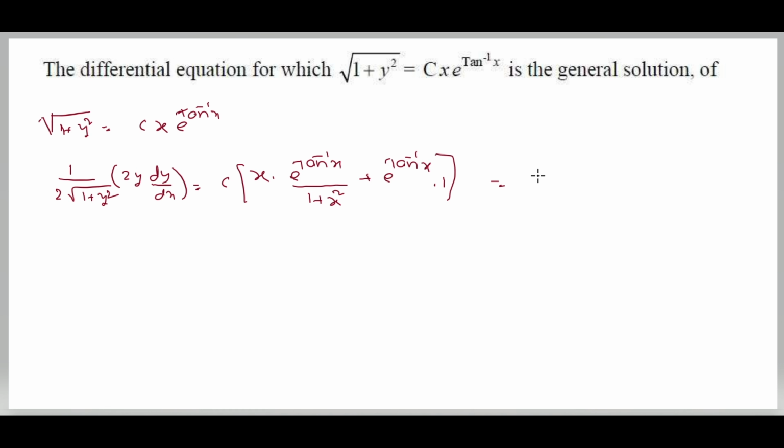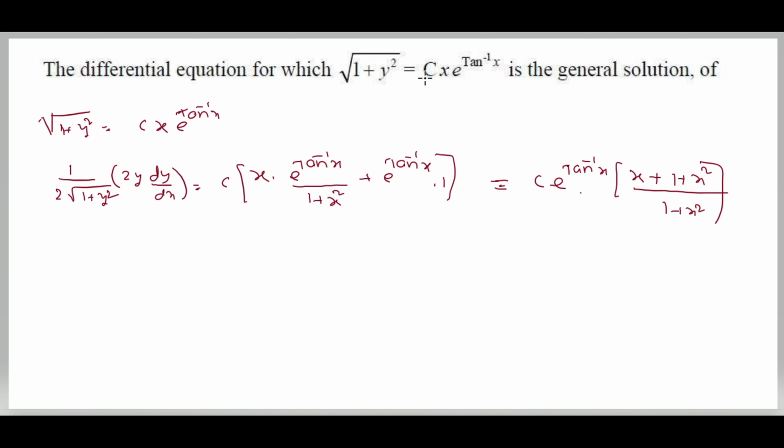So take e power tan inverse x common, c e to the power of tan inverse x, that is x by 1 plus x square plus 1, that is take LCM, that is x plus 1 plus x square by 1 plus x square.